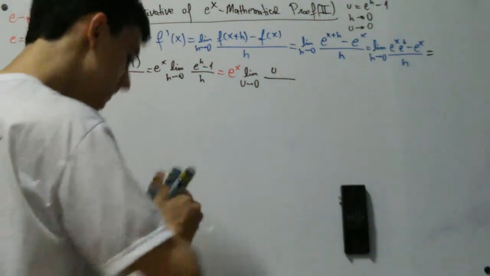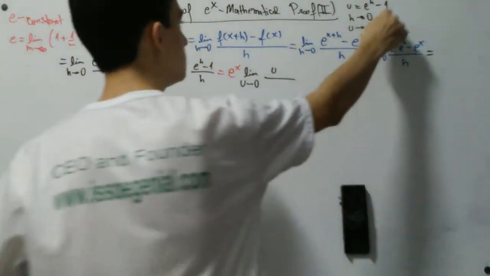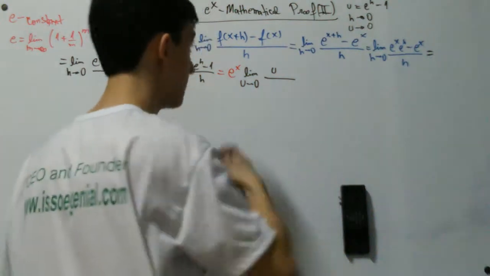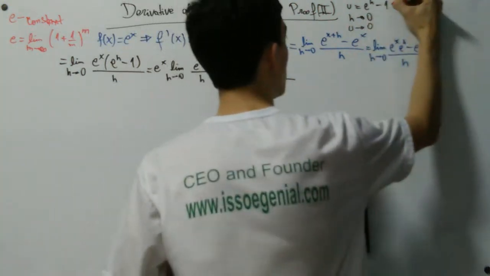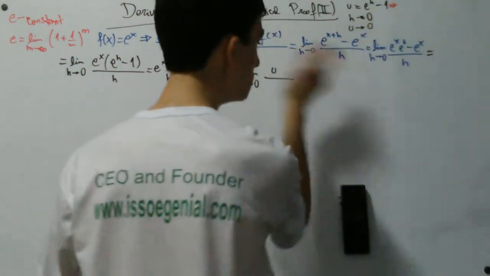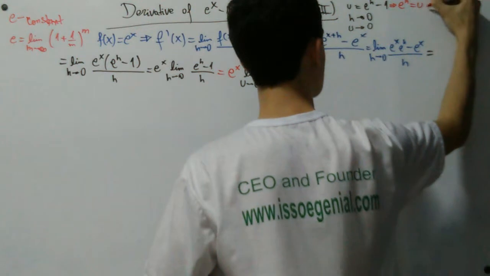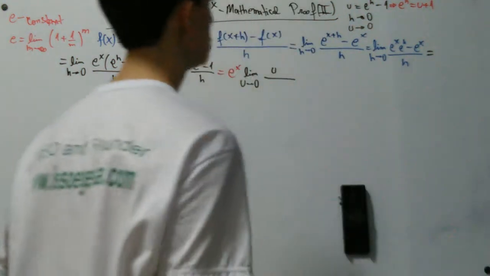And now what's h? So let's work with this equation here. We can add 1 to both sides. So e to the h is u plus 1.